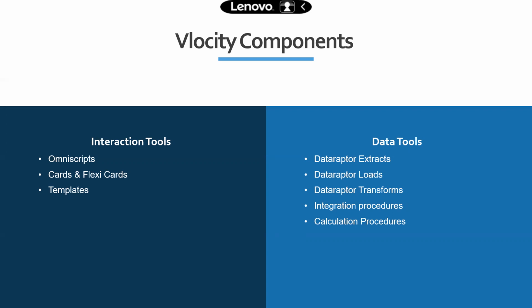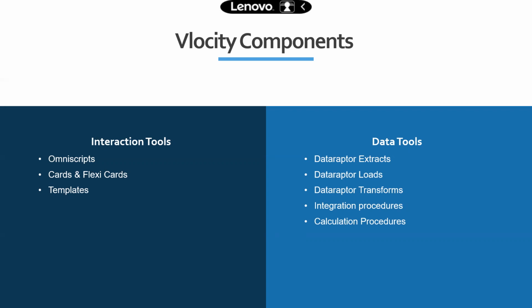And coming to the integration procedure, which is the most effective one out of all these, right? The most powerful tool provided by Vlocity, right? So whatever you do in your Apex class, the same thing can be done using an integration procedure, including this try-catch block.